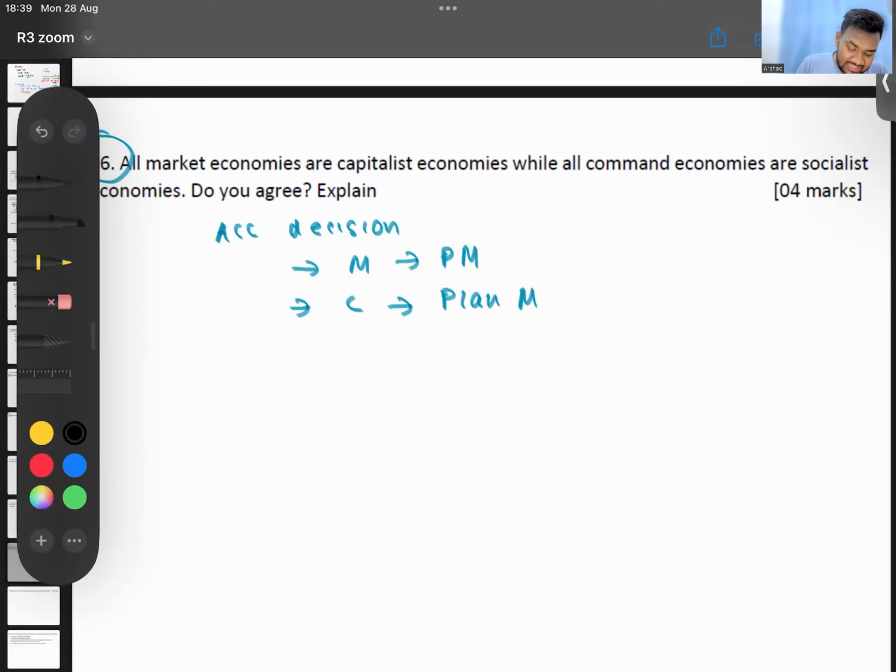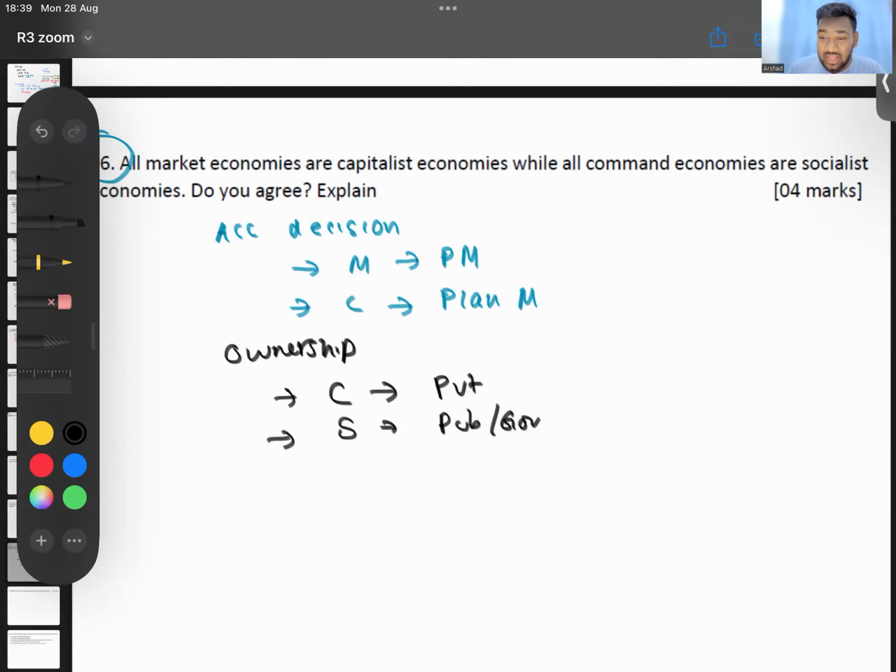Then based on the ownership of property, based on who owns the property, in a capitalist economy, it's the private sector. In a socialist economy, it's the public or the government, right? You can say that. And then you can say, usually, an economy that uses the price mechanism will have private sector ownership.